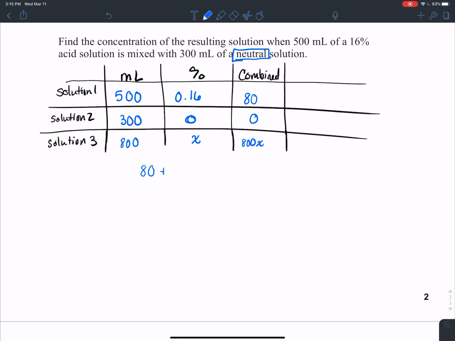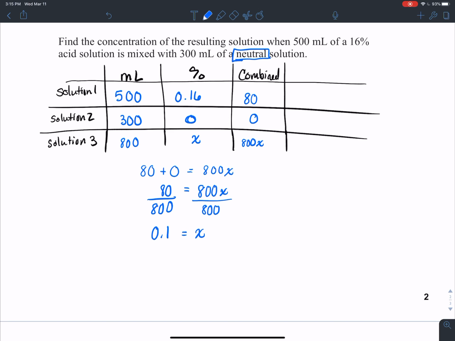Solution 1 plus solution 2 equals solution 3. And this equation is much easier to solve. I add 80 and 0 to get that 80 equals 800x. I undo my multiplication with division, and I find that 0.1 equals x.